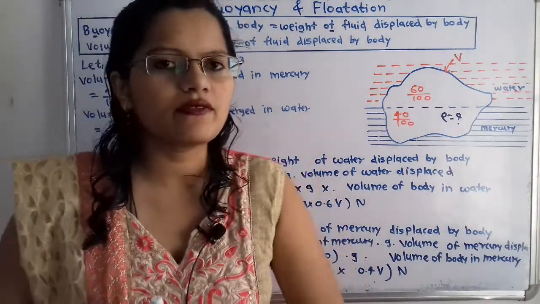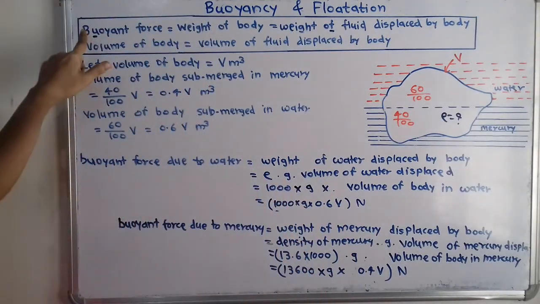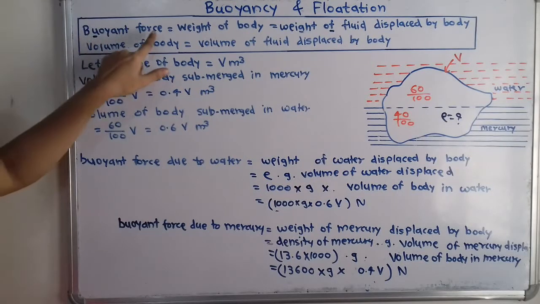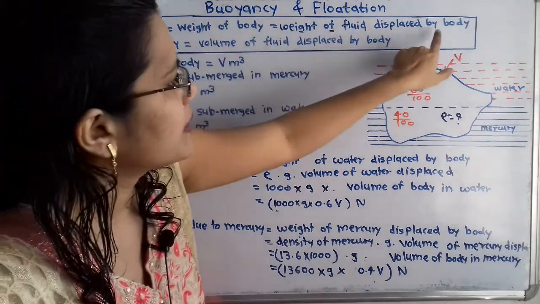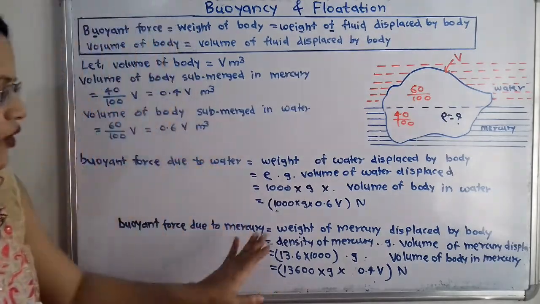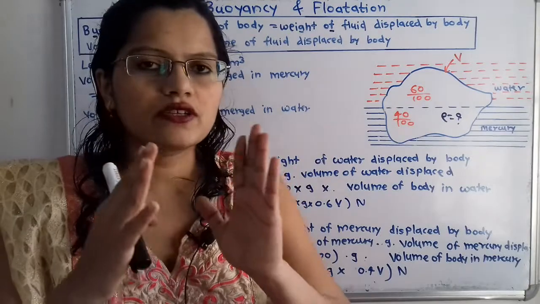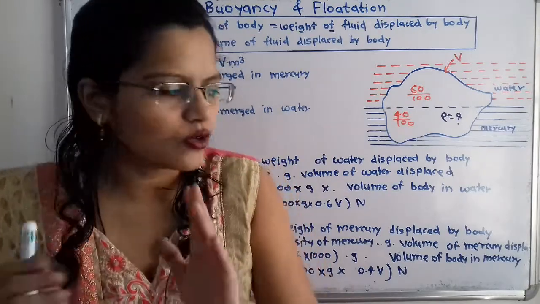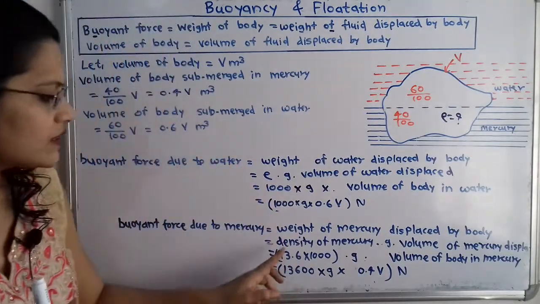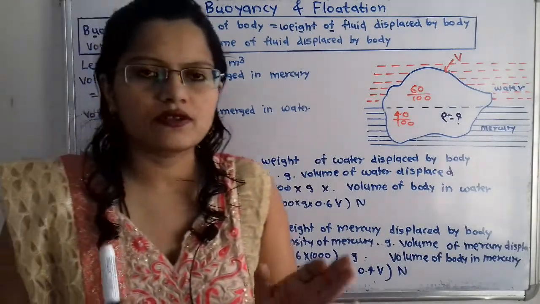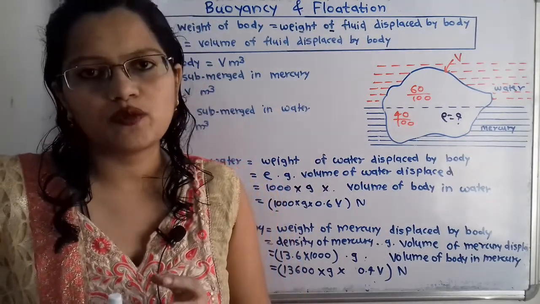Now in the same way we move to the next: the buoyant force due to mercury. The buoyant force due to mercury is equal to the weight of mercury displaced by the body. So what is that weight? Again rho into g into volume of mercury displaced by the body. What is rho? The specific gravity is given in the question, 13.6.